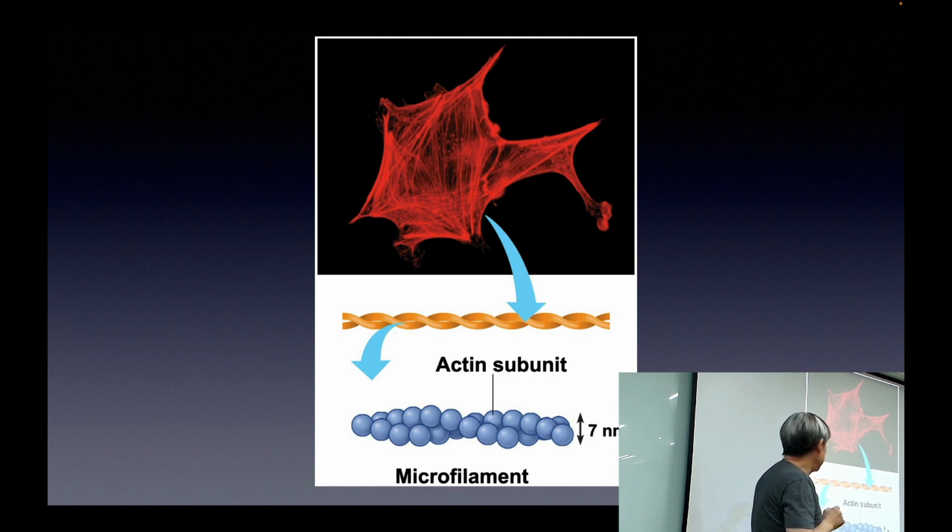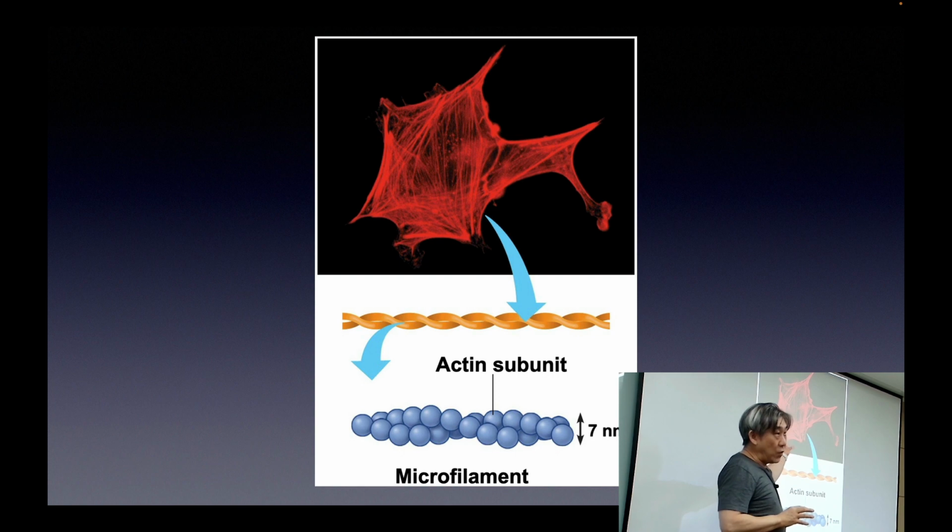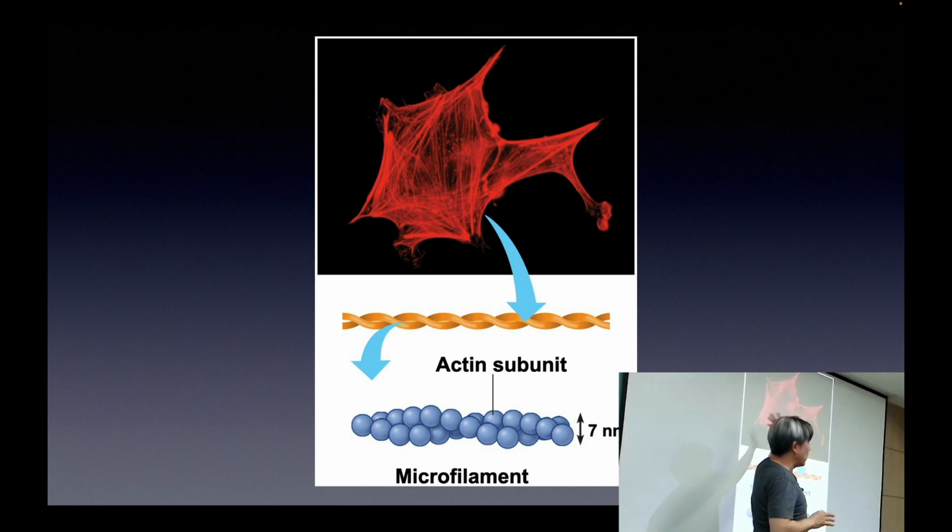That is the only important thing for you to carry as a take-home message. But anyway, this is a typical animal cell, our own cell. And if you are curious about where exactly this actin cytoskeleton is present, it's all over the place. Surprise, surprise, surprise. It's everywhere. Oh my gosh.